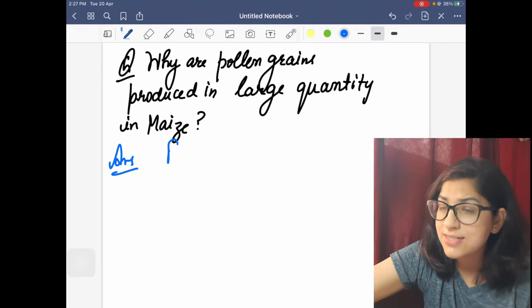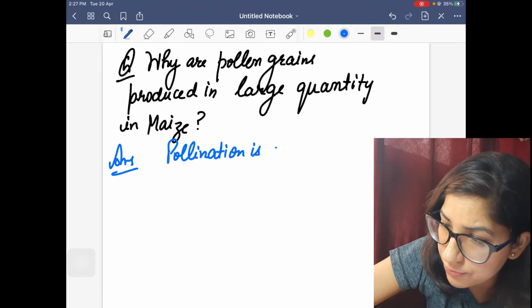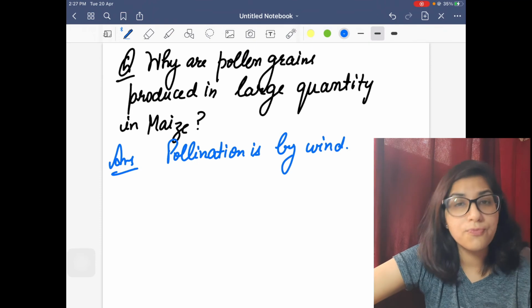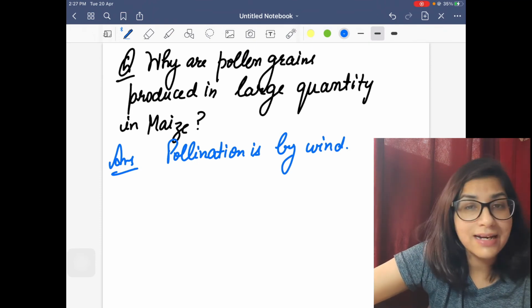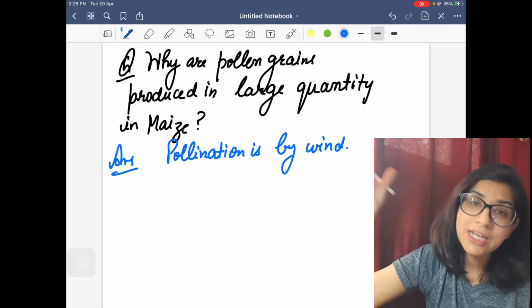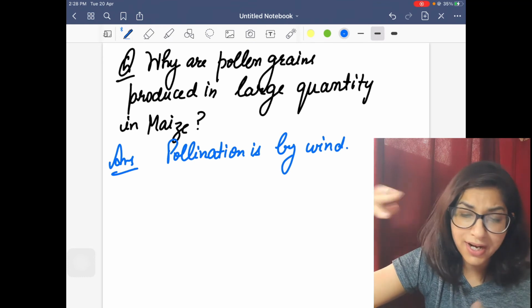The first direct answer is because pollination is by wind. So when pollen grains come in contact with the stigma, there are chances that many of them get destroyed or lost.